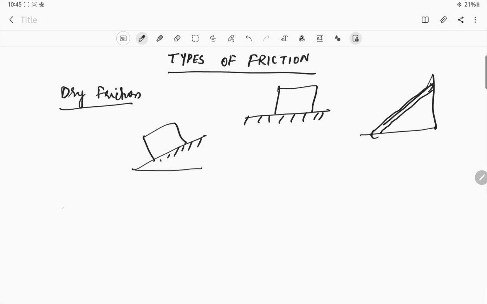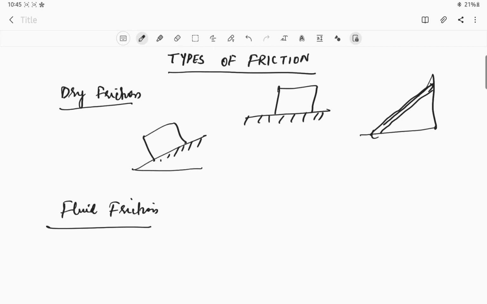Next is fluid friction. So what is the meaning of fluid friction? See here, we'll be having many fluids. For example, we have different types of oils, gear oils, and many other types of oils.